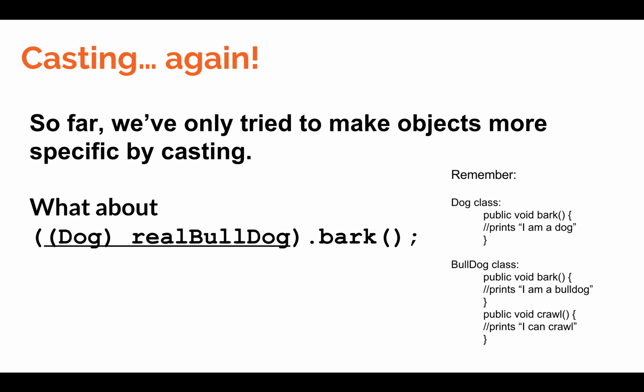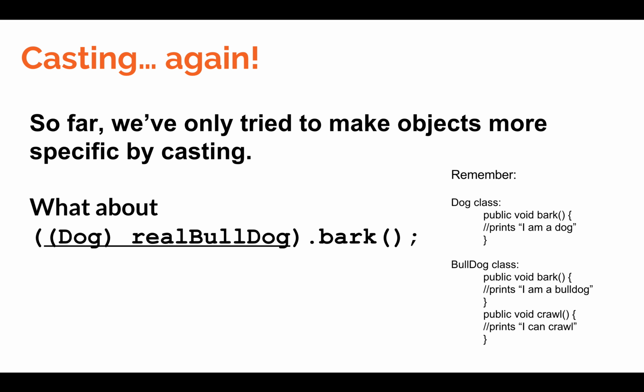What about dog real bulldog.bark? Not only does this compile, the behavior during runtime is as if you didn't have that cast at all. If there was dynamic method selection to happen, if there was a bark method that was overridden in the bulldog class, that is the method that will still run.